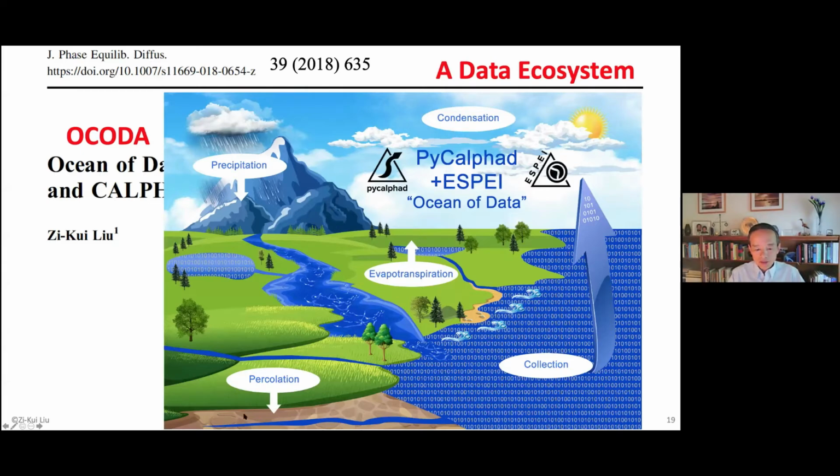You have some very secret data from companies that they want to share. Hopefully we can combine this data together and process it, generate new knowledge, digitized knowledge, and then do the new design, new process, generate new data, and connect the cycle. It's just like how nature works, right? Of course, the energy comes from the sun. The sun provides energy for this process.